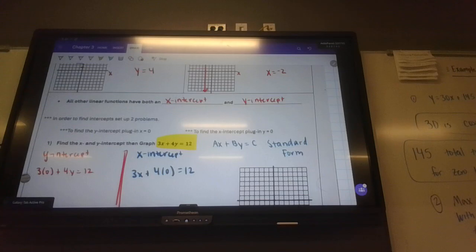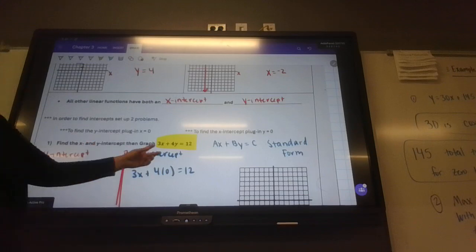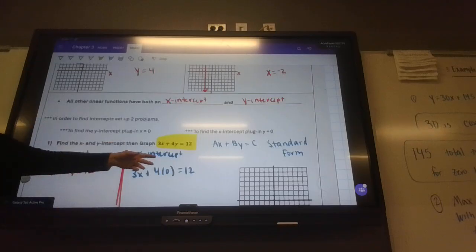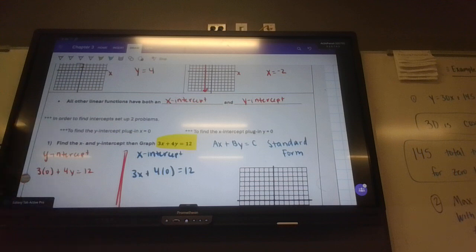So when you have to make a graph and it doesn't look like y equals mx plus b, when x and y are on the same side, this strategy can be easier. You can always get y alone and use the slope. But if y isn't alone, then it's not a slope. Using x and y intercepts is an easier strategy.